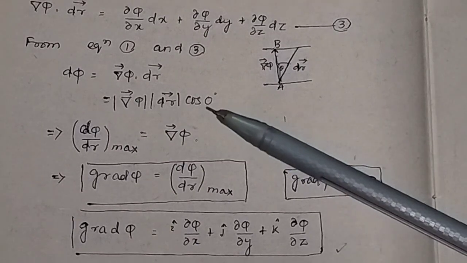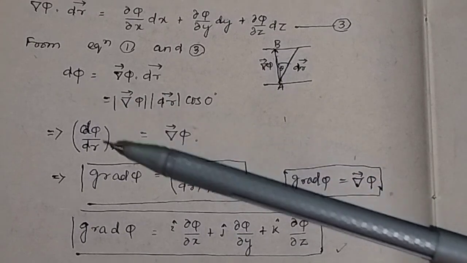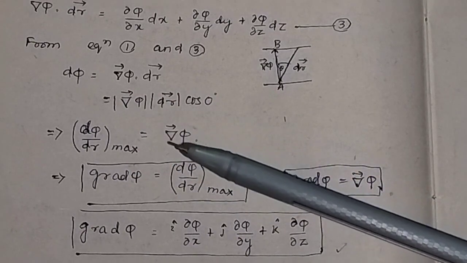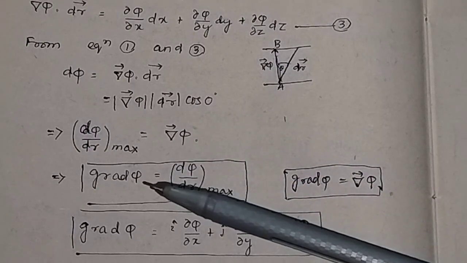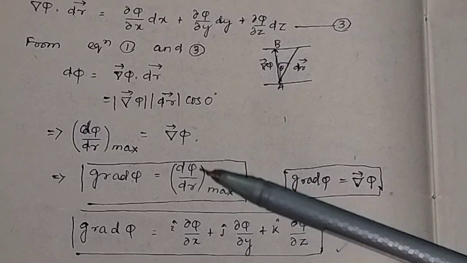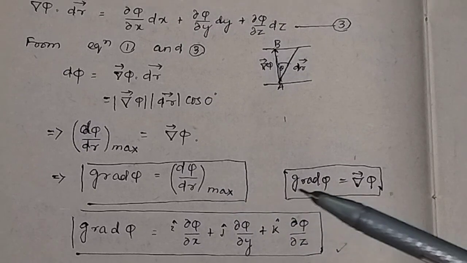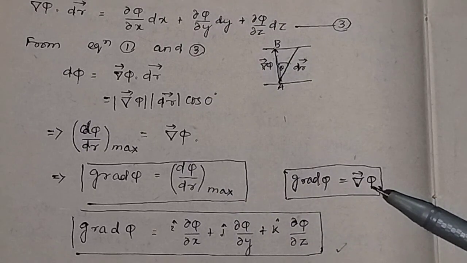Since cos 0 is equal to 1, you may write d phi by dr equal to del phi, and this is your grad phi. So grad phi will be equal to the maximum change of the scalar function, that is d phi by dr max, or grad phi you may write as del of phi.